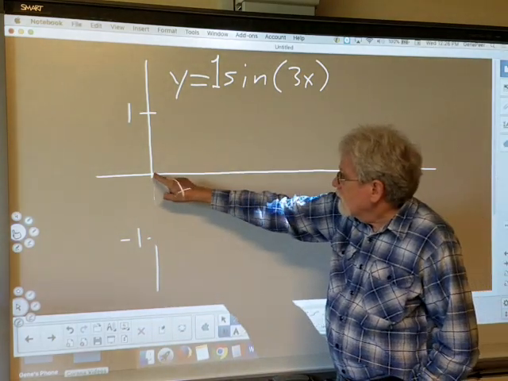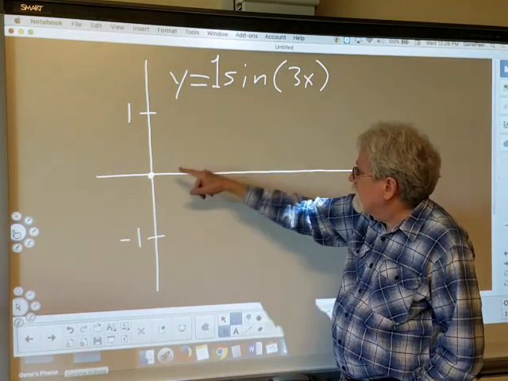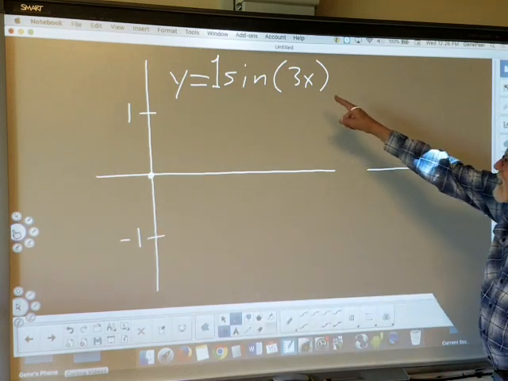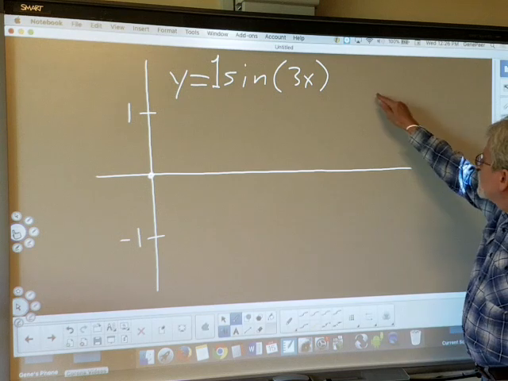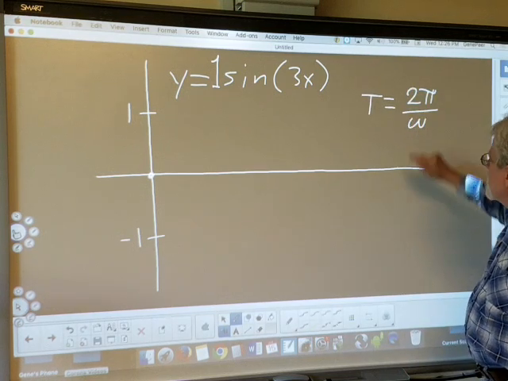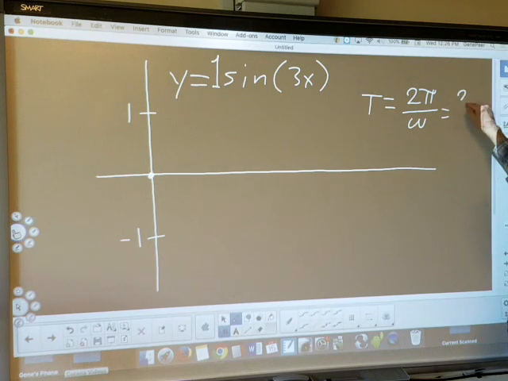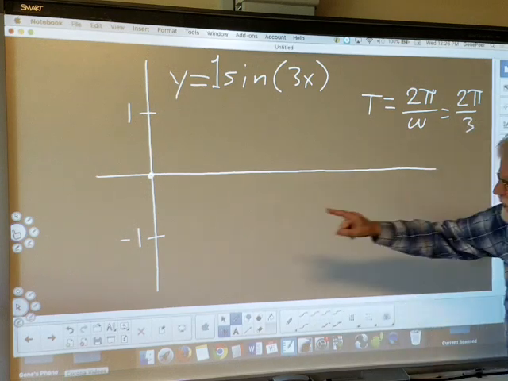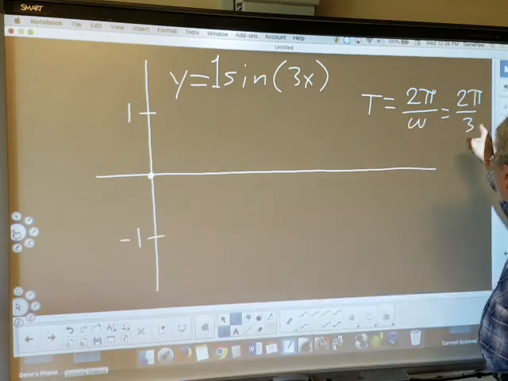It's going to start here, because it's just plain sine. But this time, omega is 3. So the period is 2 pi over omega, which is 2 pi over 3. So this thing has one complete cycle between 0 and 2/3 pi.